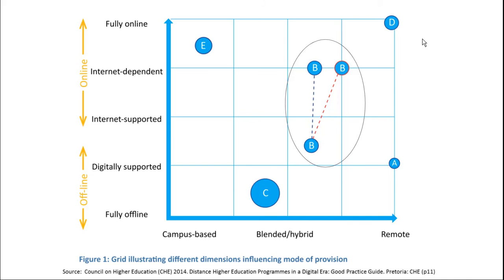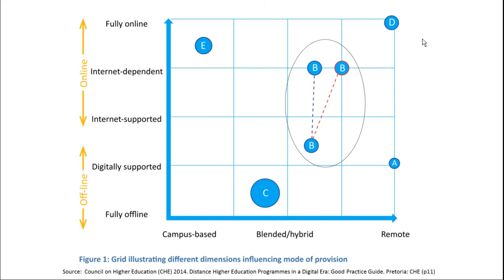And the size of your classes will make a huge difference in terms of the activities you use, the kind of internet support you use, the kind of assessment, the kind of communication you have with your students. So all of those factors are very much dependent on class size as well. But this is a useful way of plotting your program on this grid and then seeing where you want to go.